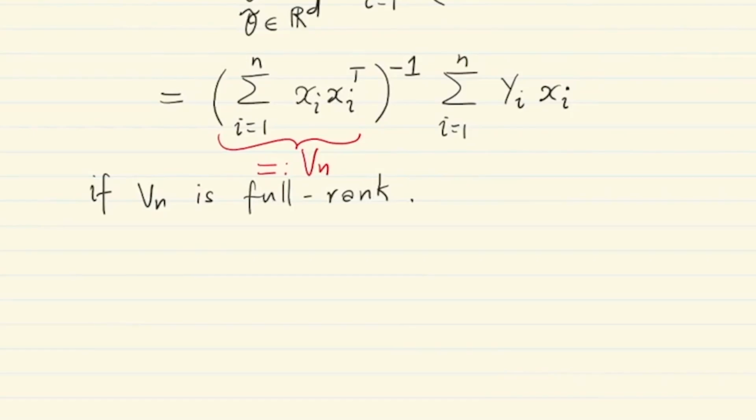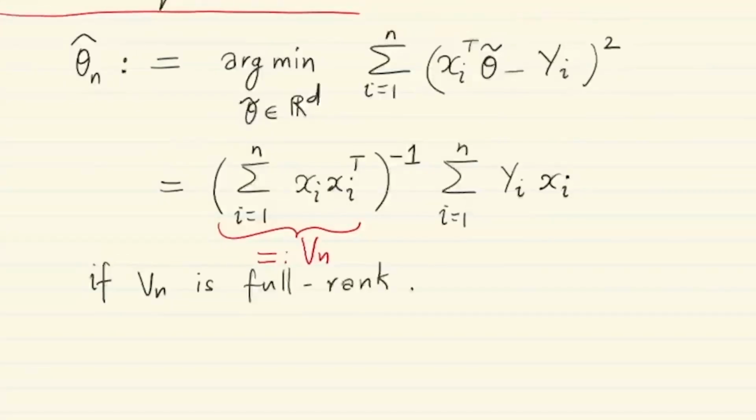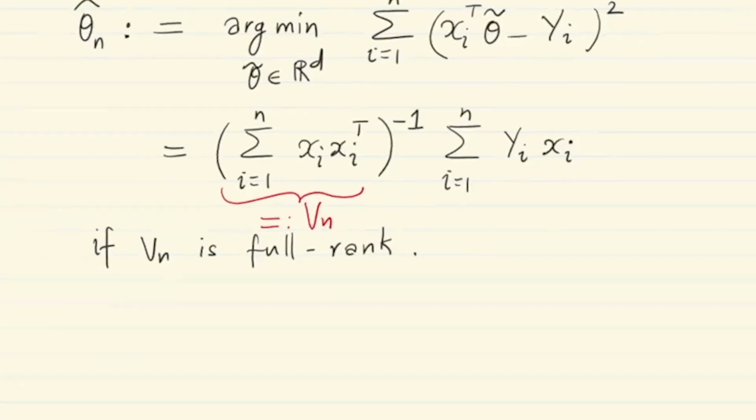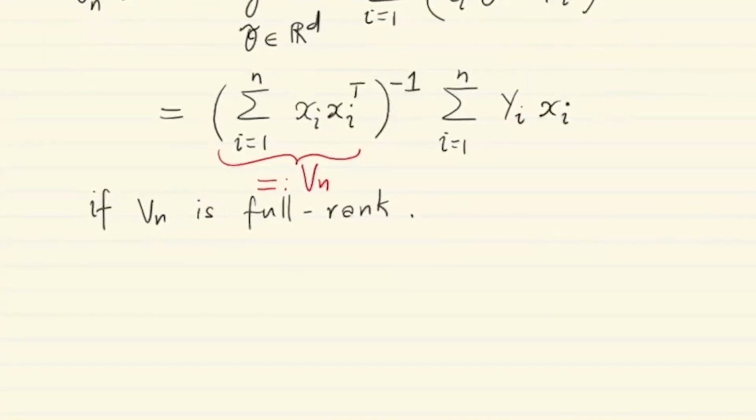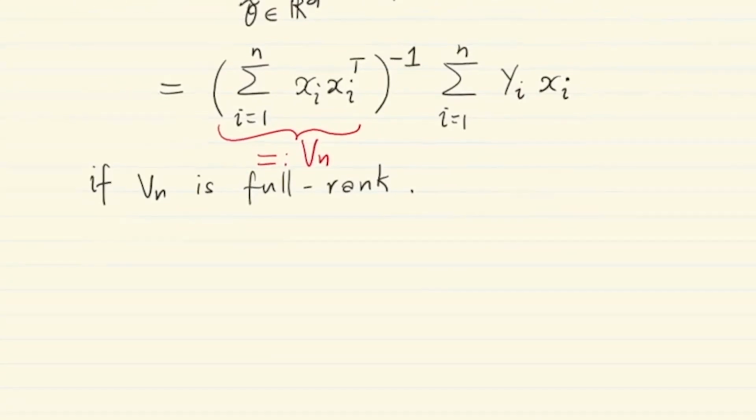This is the standard linear least squares estimate for inference about the unknown parameter theta of this linear model. Since we have assumed that the xi's are all fixed, Vn is a fixed or non-random matrix. So theta hat n is just a fixed linear function of the sequence of Gaussian random variables y1 through yn, and since all the random variables y1 through yn are multivariate normal together, the estimate theta hat n also has a multivariate normal distribution.